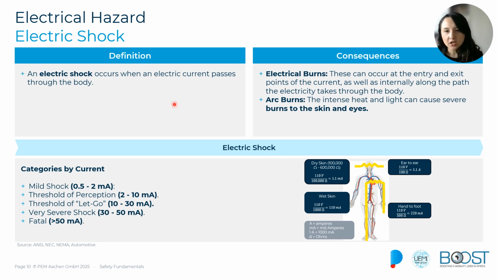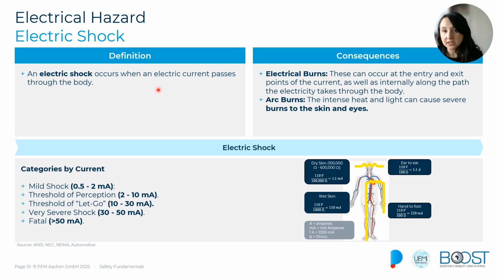Electric shock is one of the most common and also one of the most dangerous electrical hazards, and it basically happens when an electrical current passes through the human body.